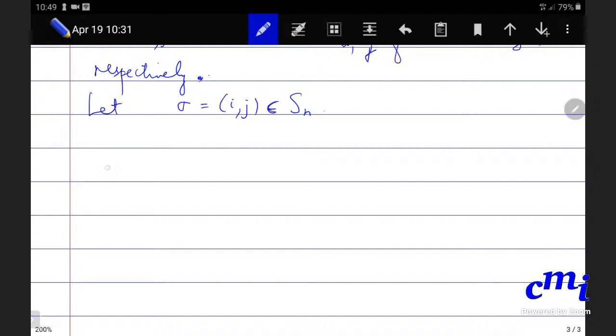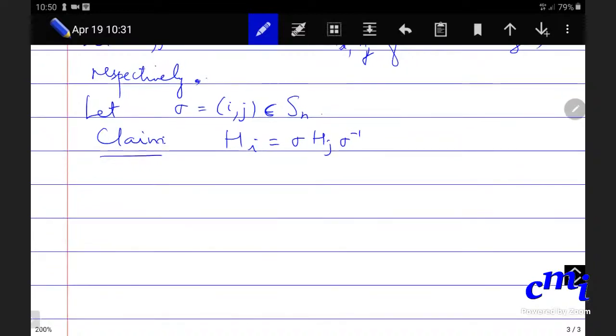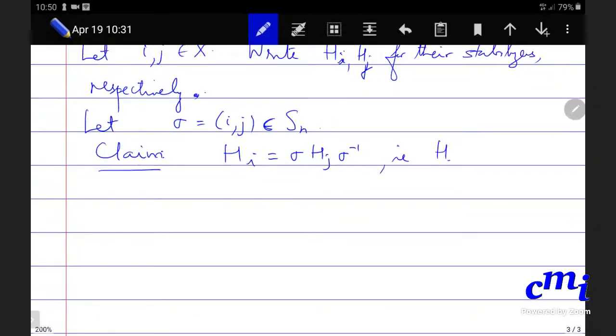Now, H i is sigma H j sigma inverse. That is, H i and H j are conjugates of each other in Sn.